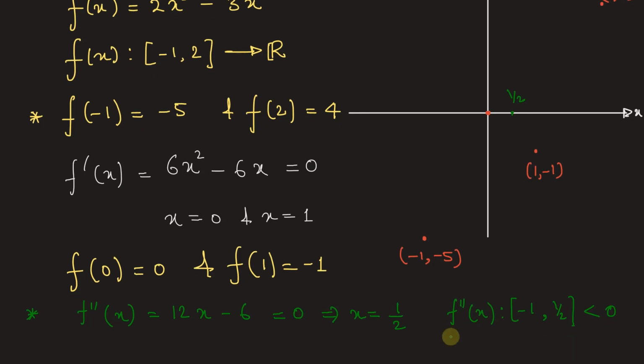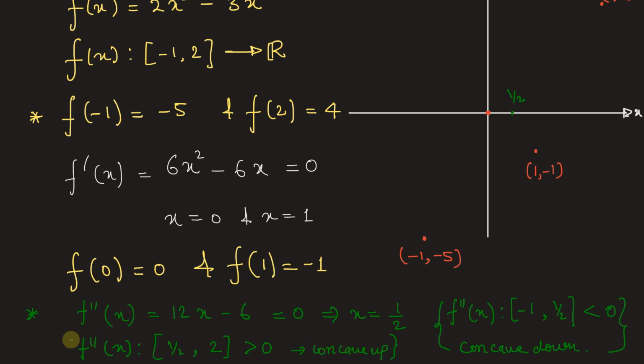Therefore, we can say the graph of f of x will be concave down from -1 to 1 by 2, and f double dash of x in the domain 1 by 2 to 2 is greater than 0. That means concave up.